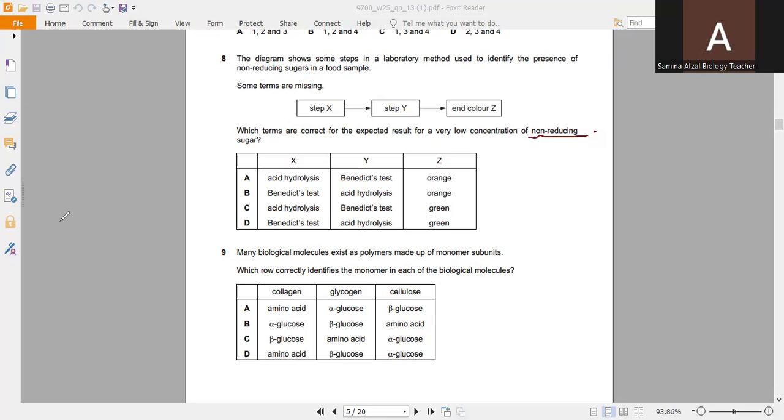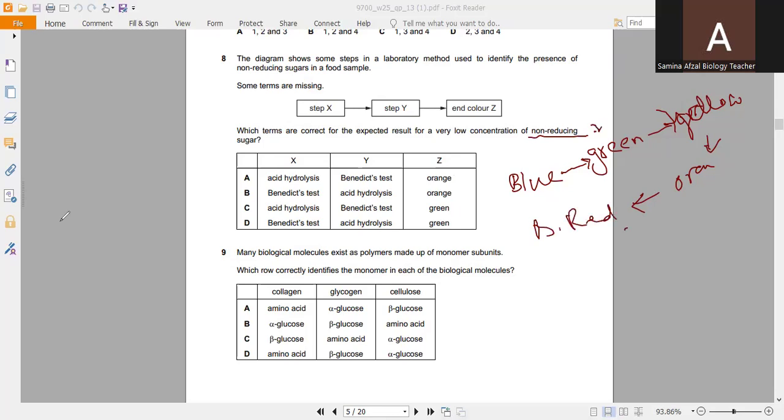So the color pattern will show the presence of the sugar. It starts with blue and green, and then yellow, from yellow to orange, from orange to brick red.